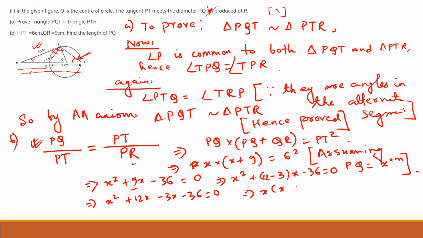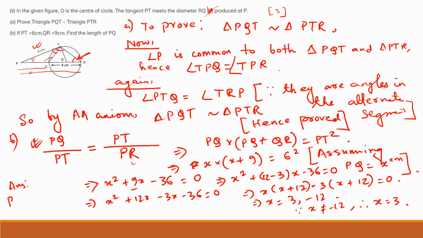So if we take x as common in the first two terms, we get this, and now we take minus 3 as common, we get x plus 12 equals 0. Implies x comes out as 3 and minus 12. Since x cannot be minus 12, therefore x equals 3. Or you can write more explicitly that since x cannot be a negative term, therefore x equals 3. Okay. So here at the end, you will write answer PQ equals 3 centimeter. Hope this is clear to you guys.